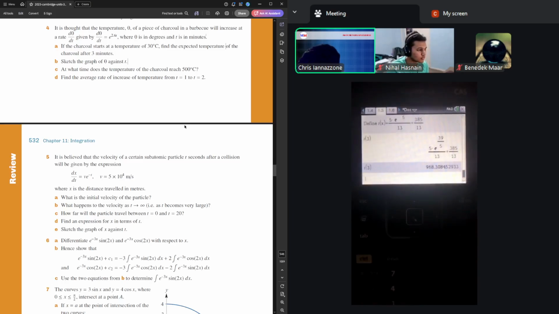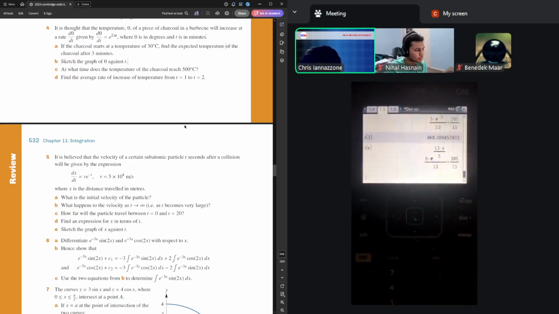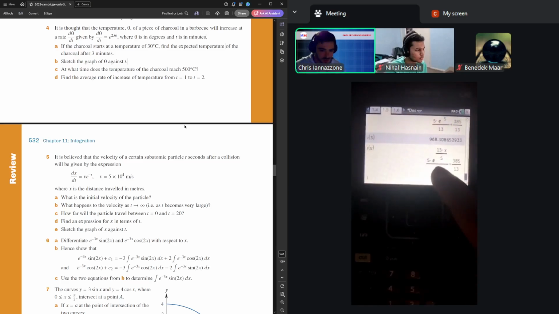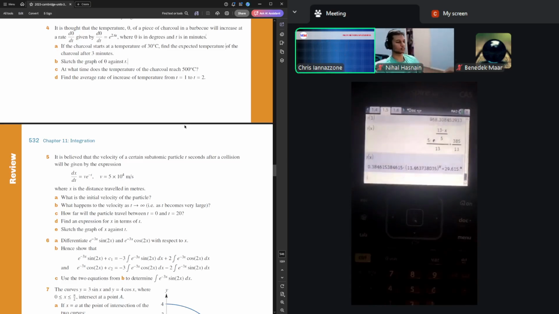I'll fix the window settings in a moment, but first just to explore a little bit about what we might expect. This is a positive exponential. It's going to shoot up and to the right, and it's got a horizontal asymptote, 385 over 13. I'll just quickly control enter that just to get the actual value.